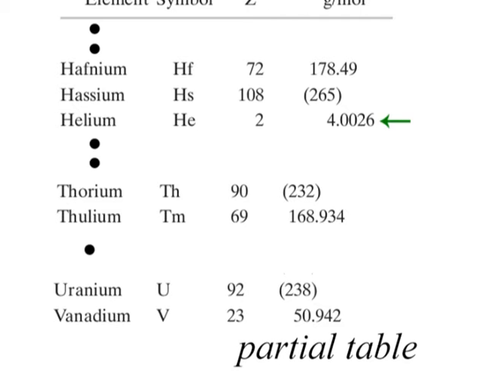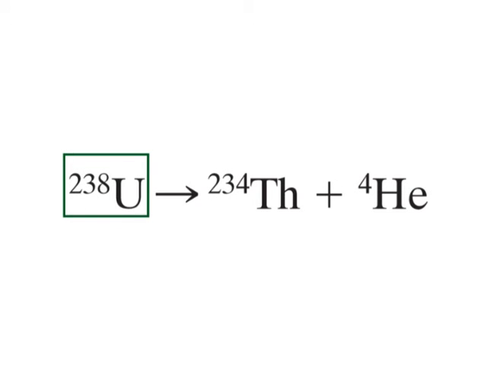We see that the total charge is +92e before and after the decay. Thus, charge is conserved. The total number of protons and neutrons is also conserved: 238 before the decay, and 234 + 4 = 238 after the decay.